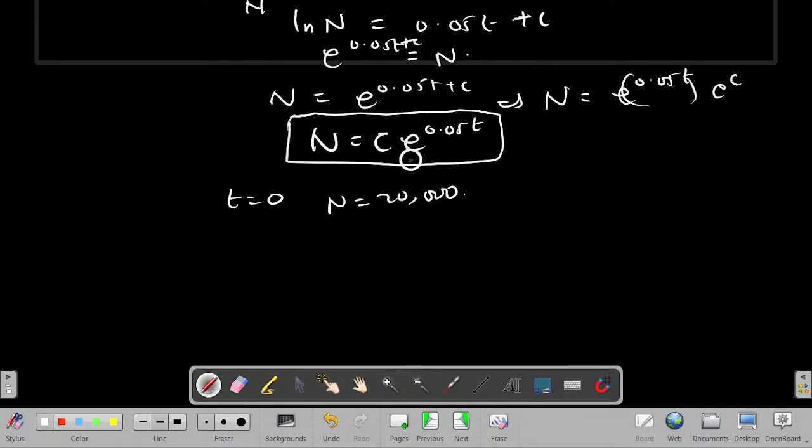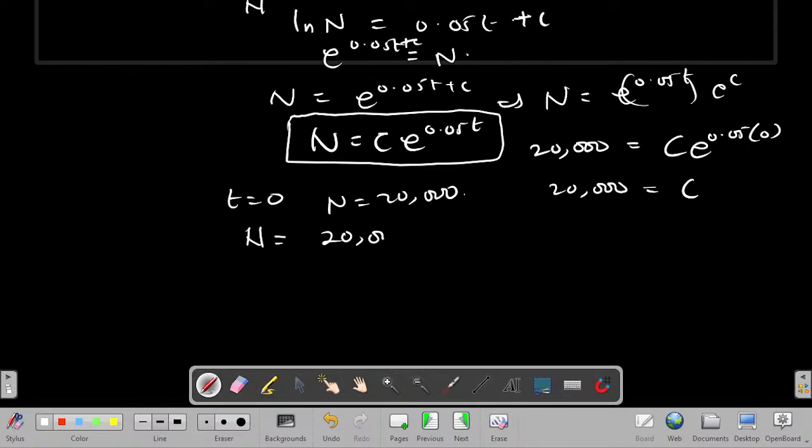So $20,000 is equal to c e to the power 0.05 multiplying 0. So 20,000 is equal to c, everything becomes 1, okay? Therefore, n is equal to 20,000 e to the power 0.05 t. This is as simple as that.